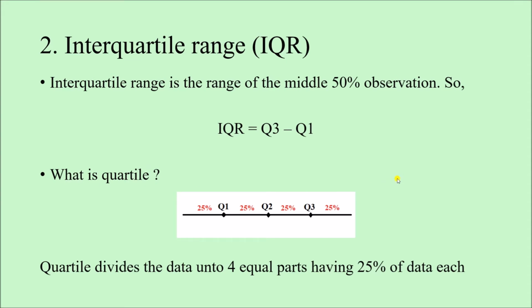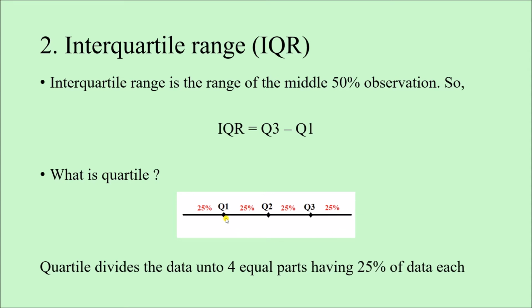Now suppose all the values in the given data set are arranged in ascending order, that means starting from the lowest value to the highest value. Then we select 3 points in the given data set in such a way that these 3 points divide the entire data set into 4 equal parts. So as you can see, this straight line is my data set. So this is probably the lowest value and this is probably the highest value.